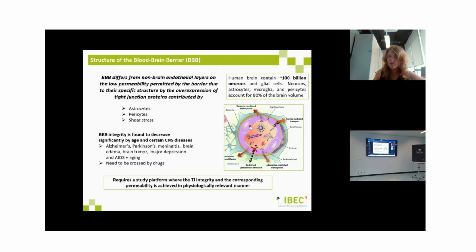That is the same kind of cells that we can find in any vessel in the rest of the body. But in the case of the brain, they are surrounded by these pericytes and astrocytes that help in the production of tight junctions, which are the proteins that tie the endothelial cells to each other, making this barrier so restrictive.